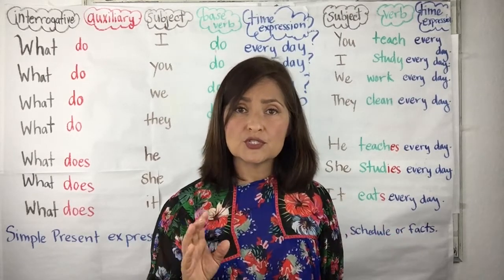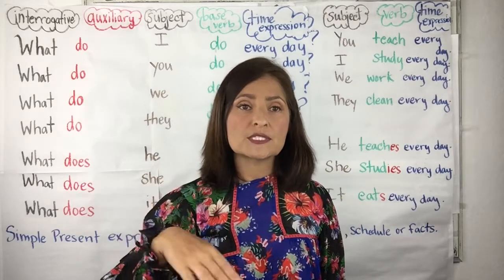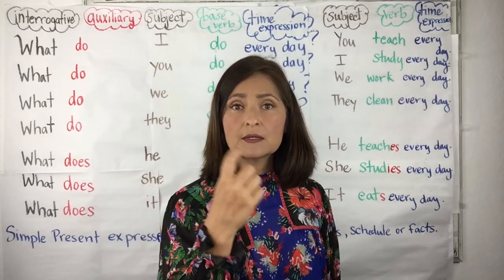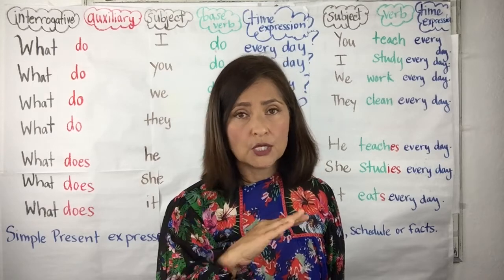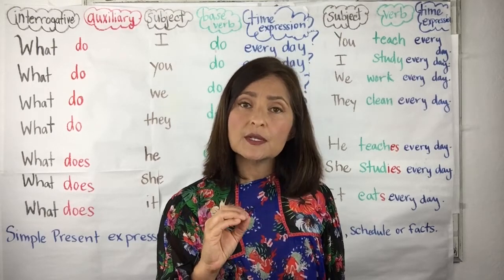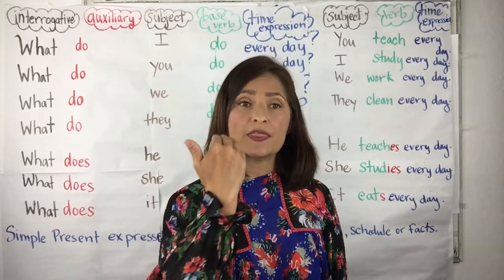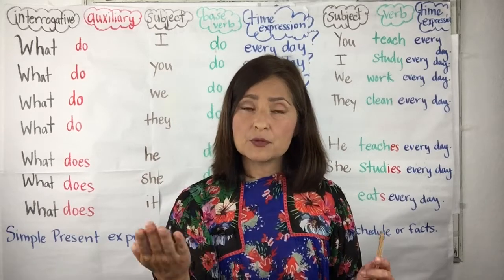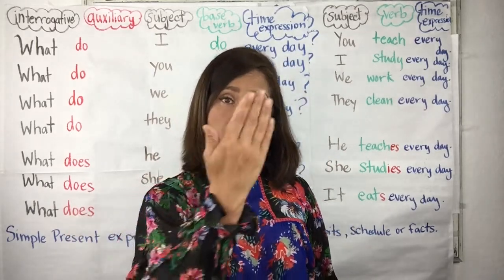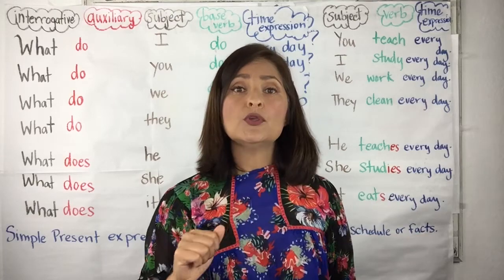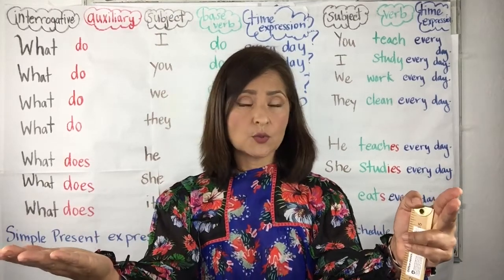We are not going to change. We are not going to say you teaches because I'm talking about one person. No, we are not going to do that. We're just going to use it with the verb in the plural form, even though you means one person, or you means plural, two or more people.